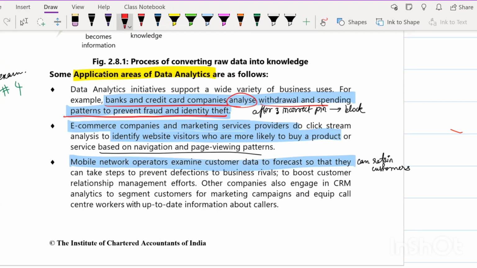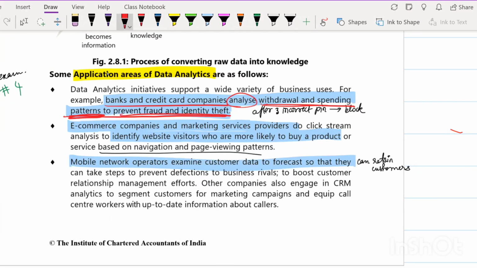The bank will have a data analytics system that analyzes all the transactions and checks whether any transaction is not normal, different than usual. Using these withdrawal and spending patterns, or the data analytics they have used, they can prevent fraud and identity theft.